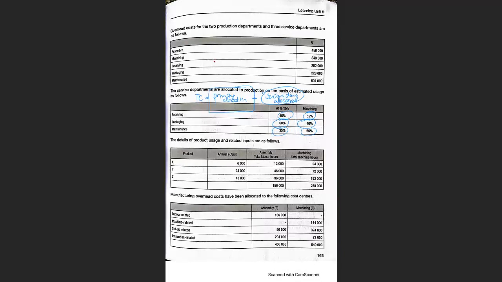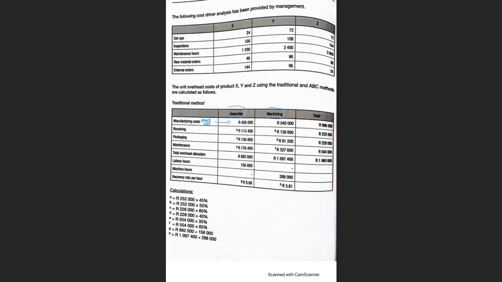Assembling was the 456,000. They would have given you that. The same with machining, it was the 540,000 Rand. That's their own cost. So this is why we entered it here, 456,000 and 540,000. So that's their primary cost.